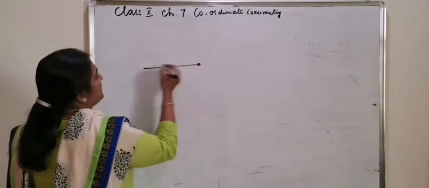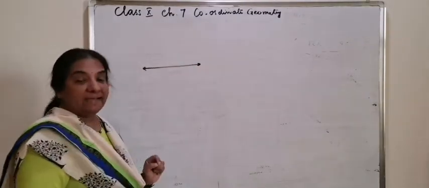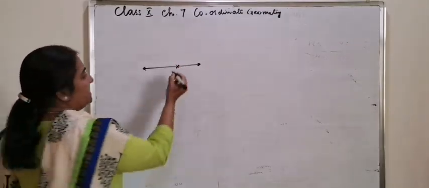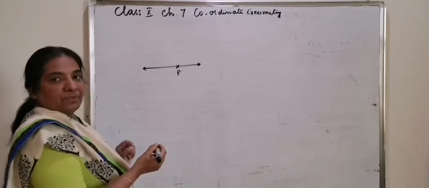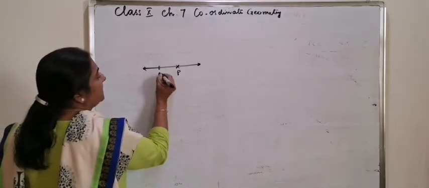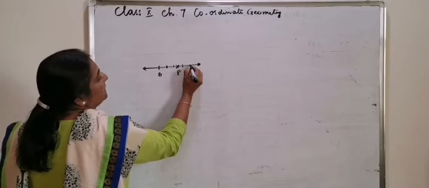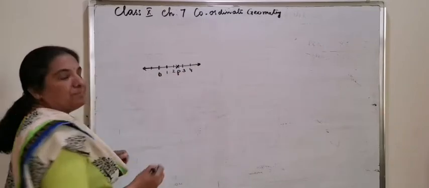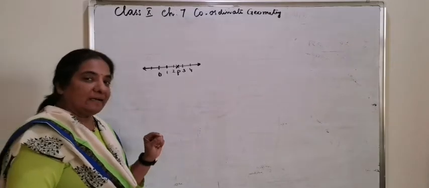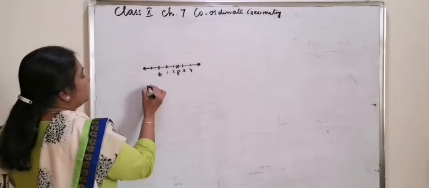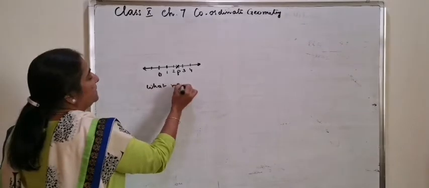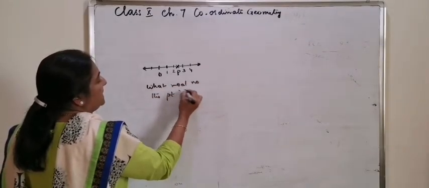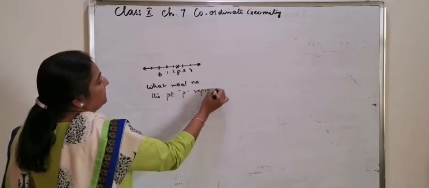If a point is given on a line, suppose you are given a point P on a line, you can clearly determine the position of the point P, or we can clearly determine what real number the point P represents.